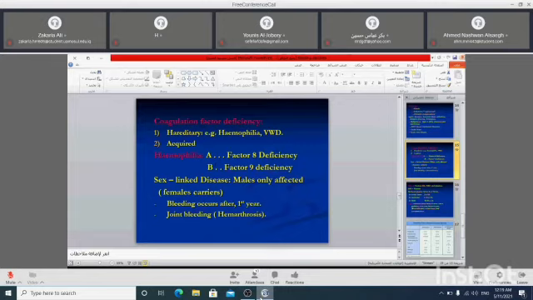These two conditions, hemophilia A and B, are sex-linked disease, male only affected, while the female is carrier. The bleeding occurs the first years of life وعادة يكون as joint bleeding نسميها hemarthrosis, and the bleeding in the muscle.